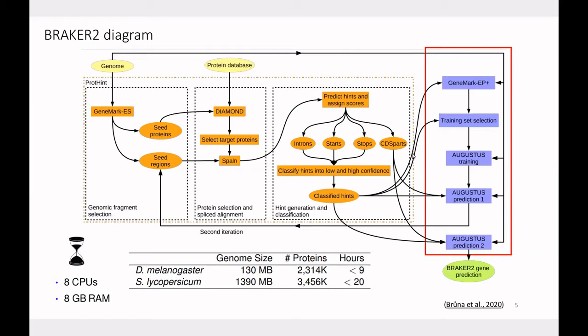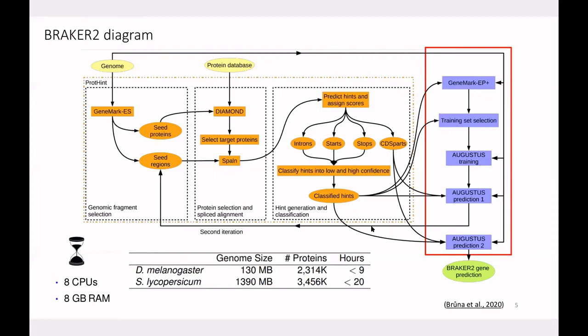But in this case, if we use the output of Augustus, which is the output of the first big iteration of BRAKER, to initialize ProtHint again, you can get slightly better estimations, not slightly actually, much better estimations of the gene regions, and then run the whole pipeline again. And in the second iteration, get a better result. So this idea is again a bit similar to the self-training concept introduced all the way back in GeneMark-ES.